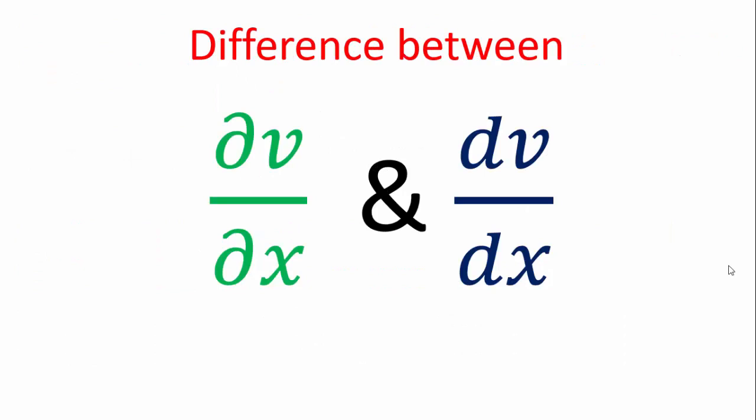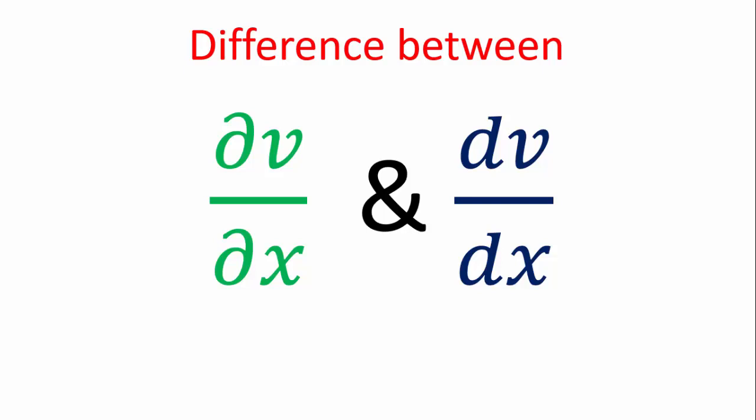What is the difference between delta V by delta X and dV by dx? You must be knowing that. But this green one is the partial derivative. That is, it is giving partial differential information, whereas the dV by dx is called as complete derivative.